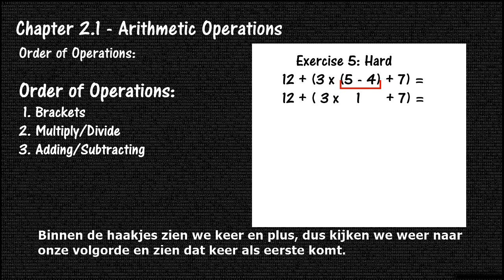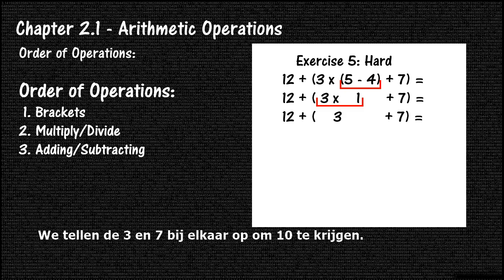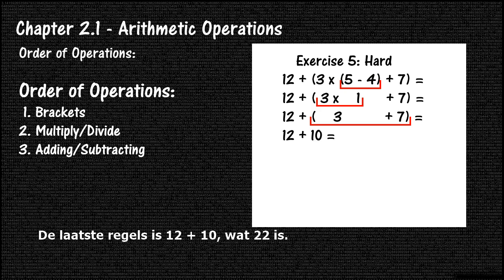Inside the brackets we see multiplying and additions. So we look at the order and notice that multiplying is first. So we get 12 plus 3 plus 7. Then we add the 3 and the 7 to receive 10. And we finally got rid of the brackets. Last line is 12 plus 10, which is 22.